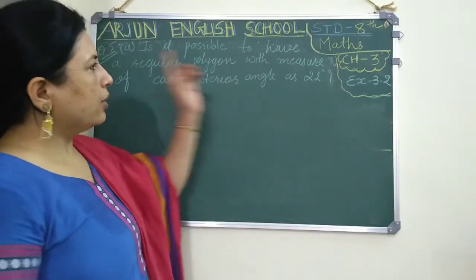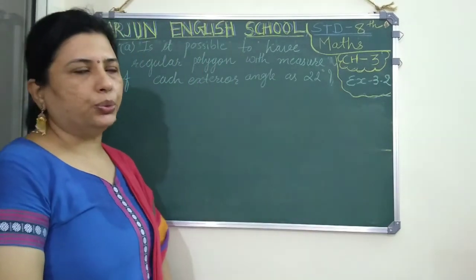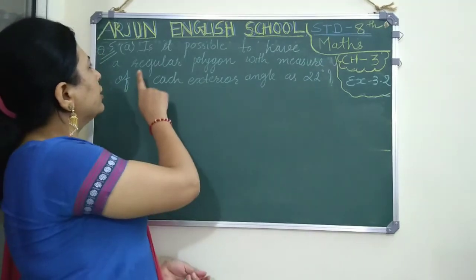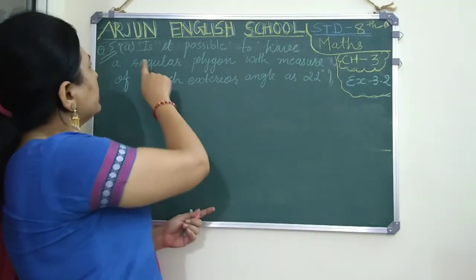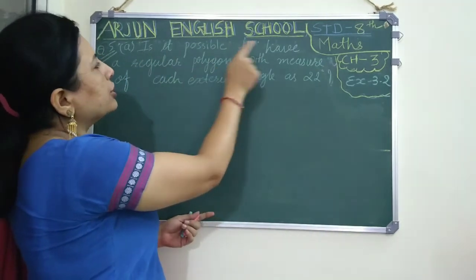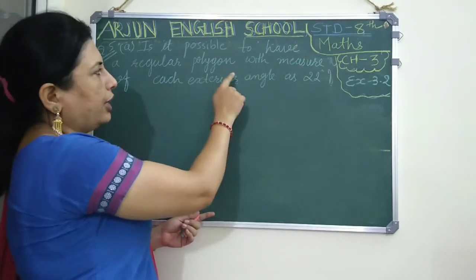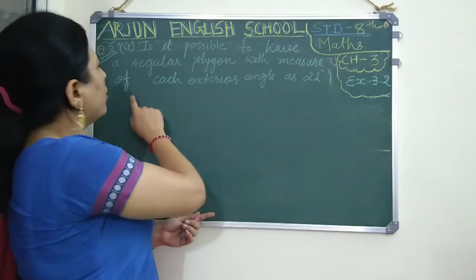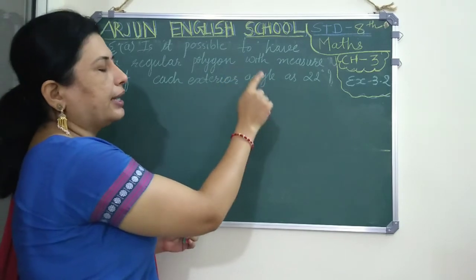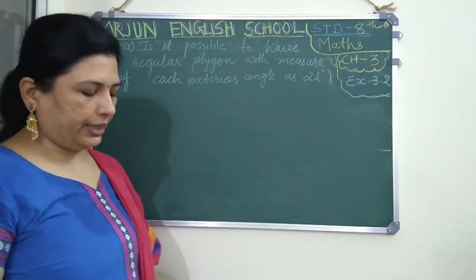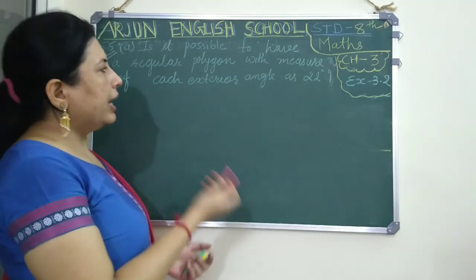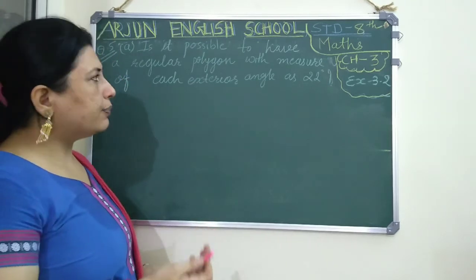Question number 5 of exercise 3.2. In this question, the question is that is it possible to have a regular polygon with measure of each exterior angle as 22 degree? We have to find out whether it is possible.